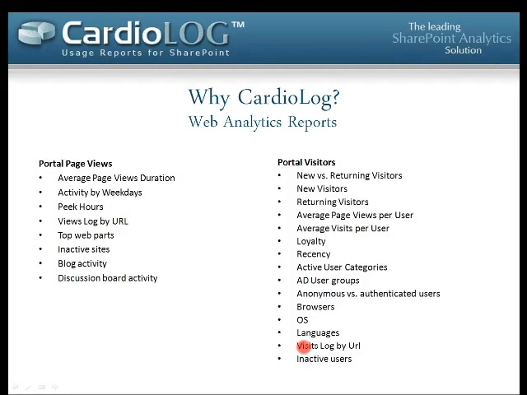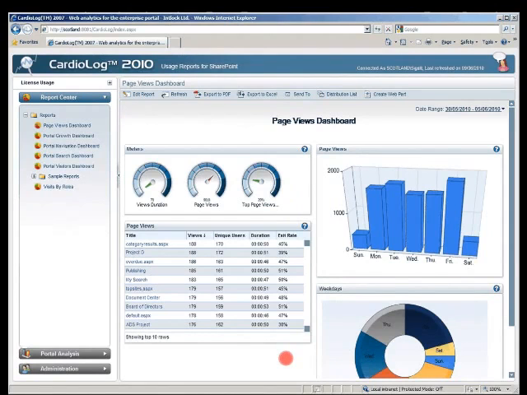This is an audit log, and a report for inactive users. This obviously is possible due to the fact that CardioLog has the information of which users can log into a specific website or subsite, and how many of these users never visited the website.